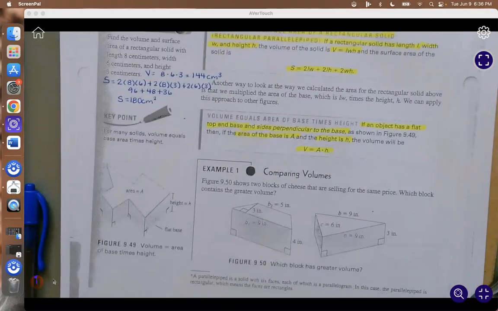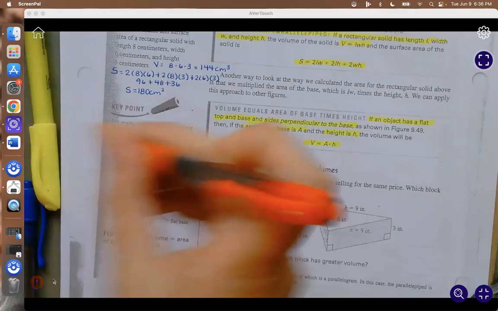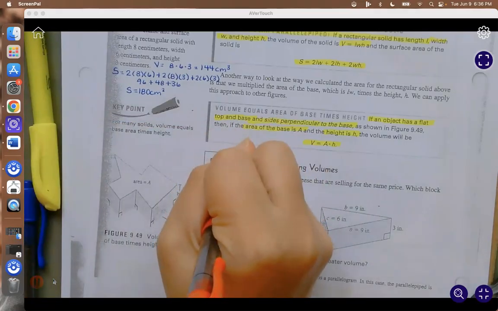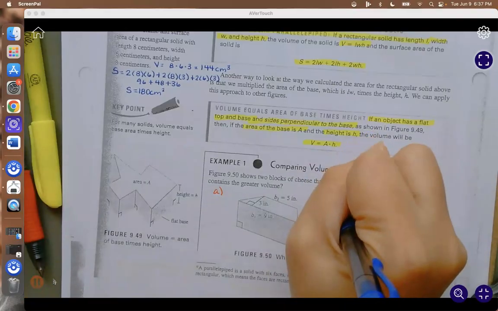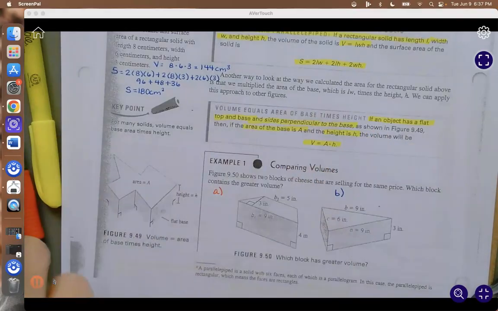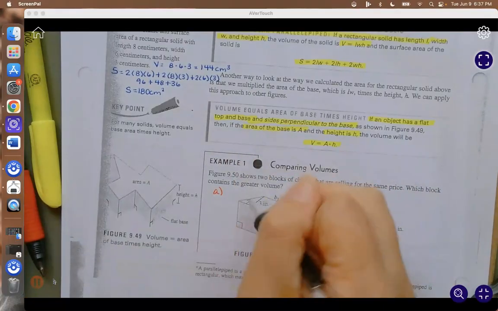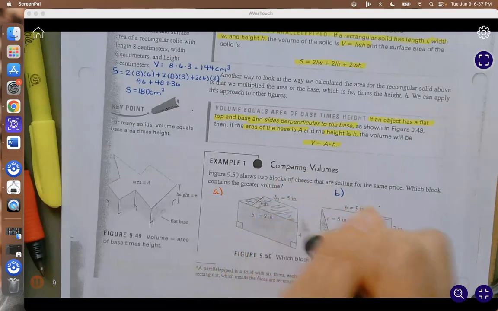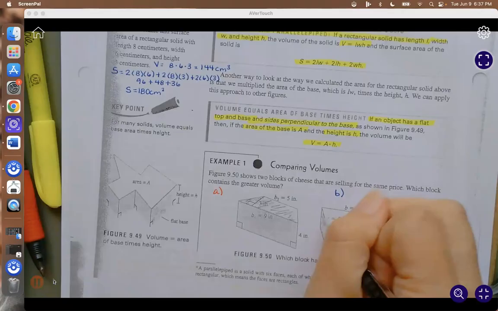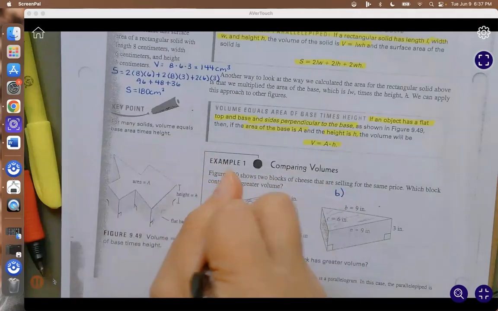Okay, so let's take a look at this one right here. We're going to call this A, and we'll call this one over here B. Okay, so I'm going to take my pencil, and this is the shape of our base, because whatever the shape of the base is here, that's the bottom too. Okay, and this is going to be my base here. So we're going to find that base first.